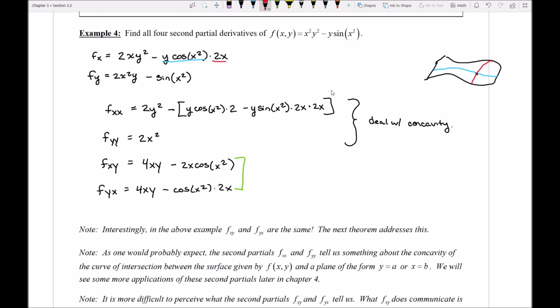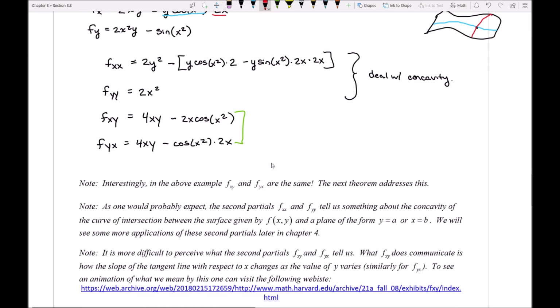Whereas fyy is going to be telling me about the concavity along the blue curve. The weird thing is what the mixed partials are doing, which is this fxy and fyx, right? What are those guys actually dealing with? What's kind of interesting is that those are going to be telling me something about the tangent lines and how they change, but not with respect to the same direction of motion.